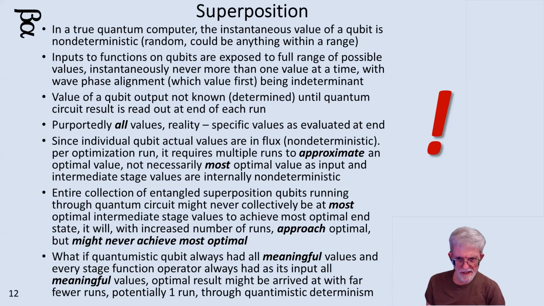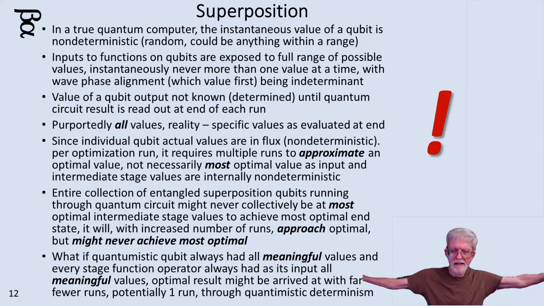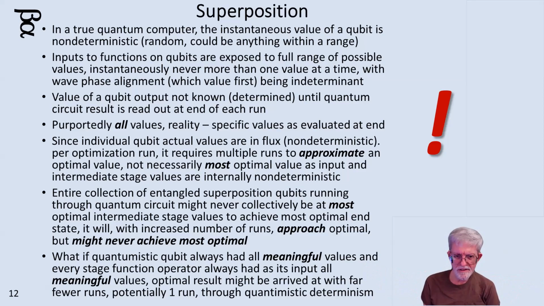So superposition, if superposition is one bit that could be any value, non-deterministic, random, within a range, we can do that on a regular classical computer. We just put all the possible values in a row in our matrix, and then we make the parallel execution to calculate it.